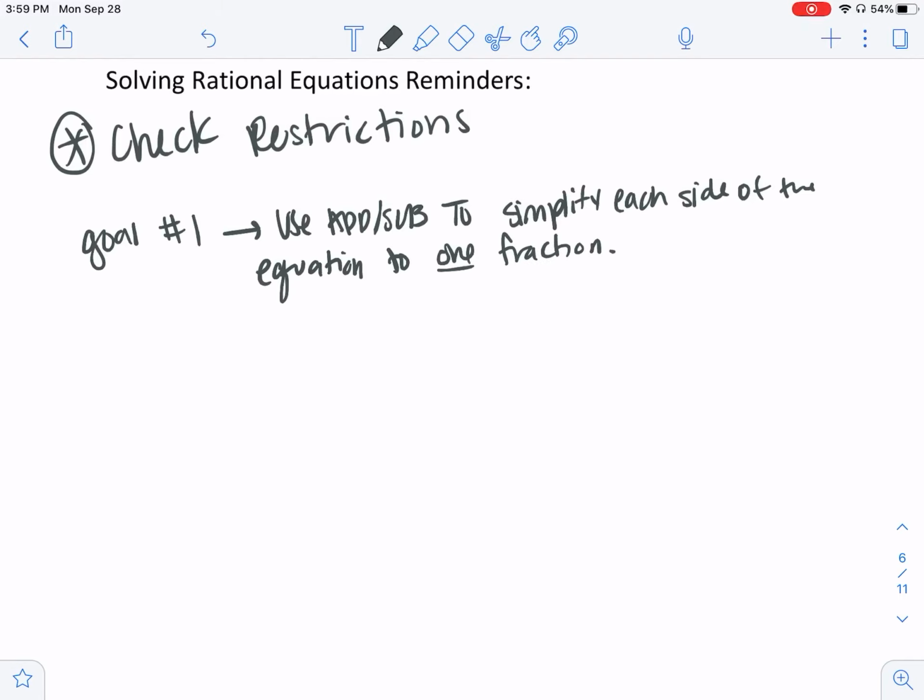Now, sometimes you might bring one of the fractions to the other side via addition or subtraction because they have a better denominator over there. This process could look different problem by problem, but this is our big goal, is to get each side of the equation down to simply one fraction. Once we've completed that goal, we can move on to goal number two, which is get rid of the denominator.